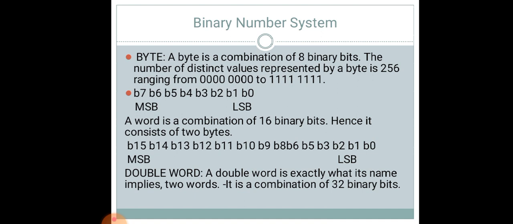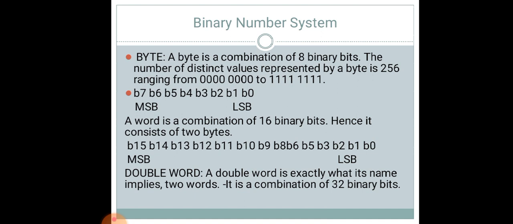So in the binary number system, each digit is called a bit, and a group of 8 binary bits is called a byte. Okay. Then a group of 16 binary bits is called a word, or you can say that 2 bytes equals a word, because a group of 8 bits is called a byte, and 16 bits means 8 times 2, right? So 2 bytes equal 1 word.